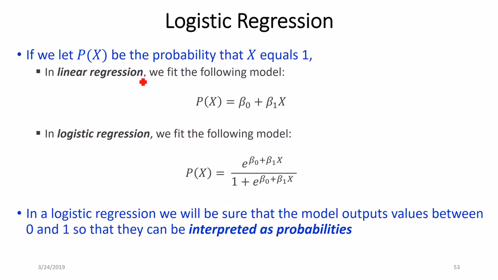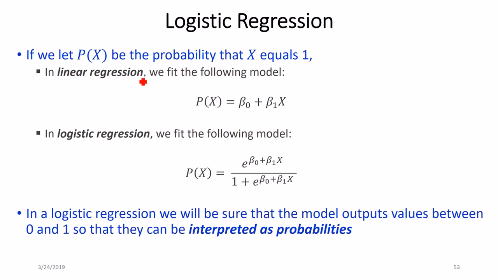If we let p of x be the probability that y equals 1, in linear regression we fit a model p of x equal to beta naught plus beta 1 times x.